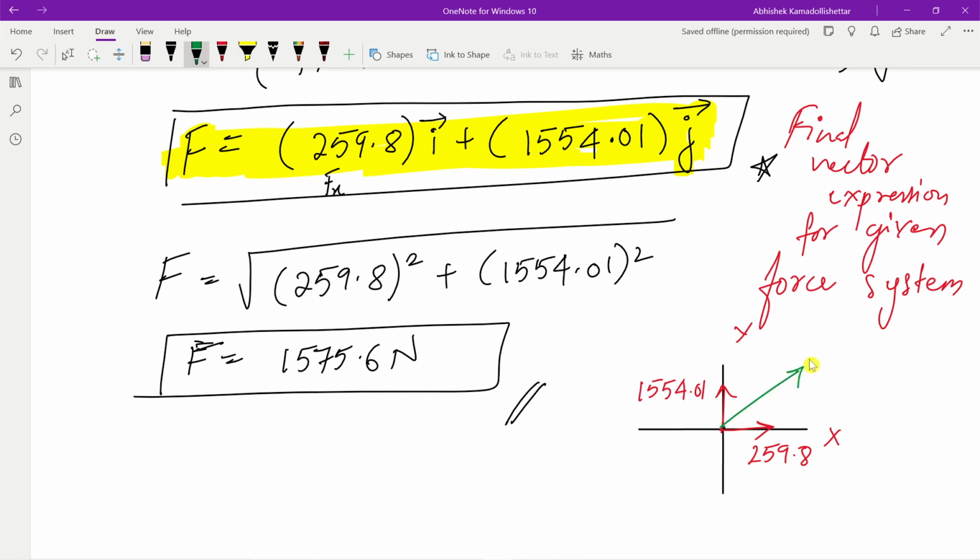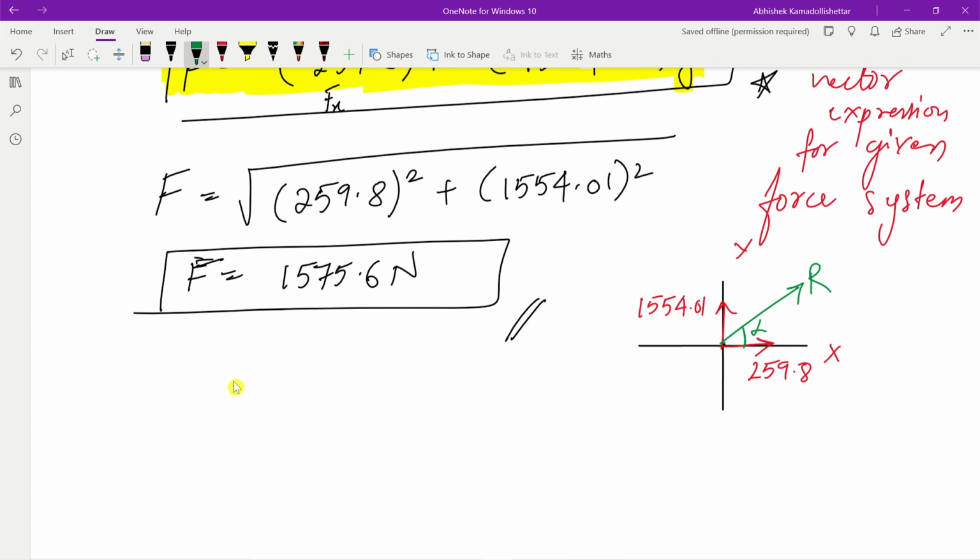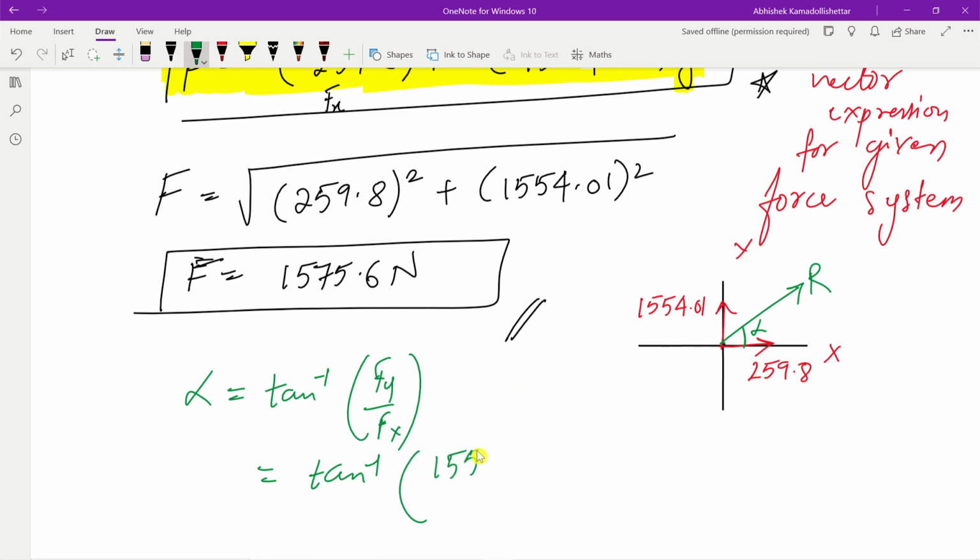The resultant has an angle alpha with the horizontal. So the value of alpha is tan inverse of Fy by Fx. That would be tan inverse of Fy, which is 1554.01, divided by Fx, which is 259.8.